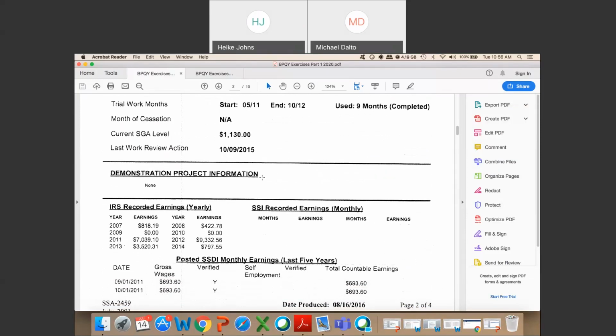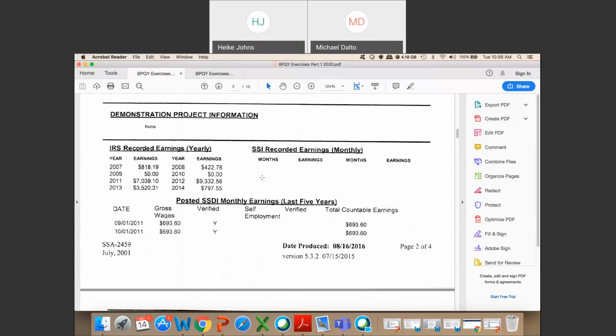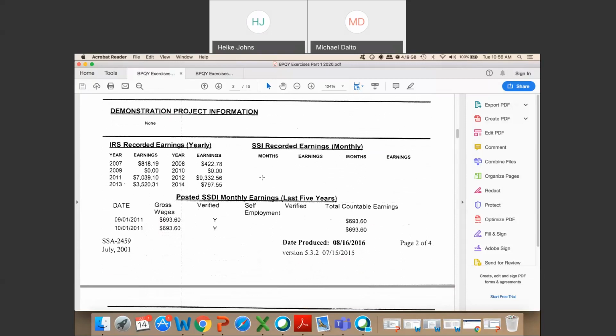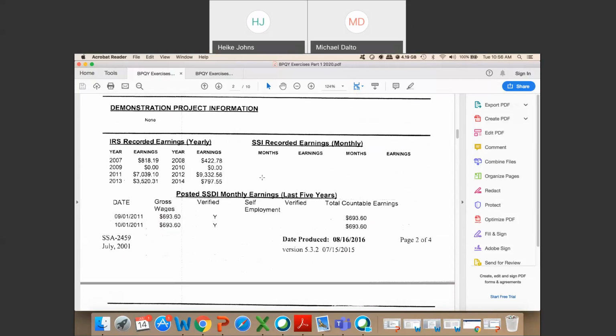Demonstration project information: this person was not enrolled in the BOND project or the POD project or other Social Security demonstration projects. And now we get to the earnings section, the final section of the BPQY, which is very important. We've got the IRS recorded earnings yearly section. Again, this is information that the IRS would provide to Social Security after each calendar year.